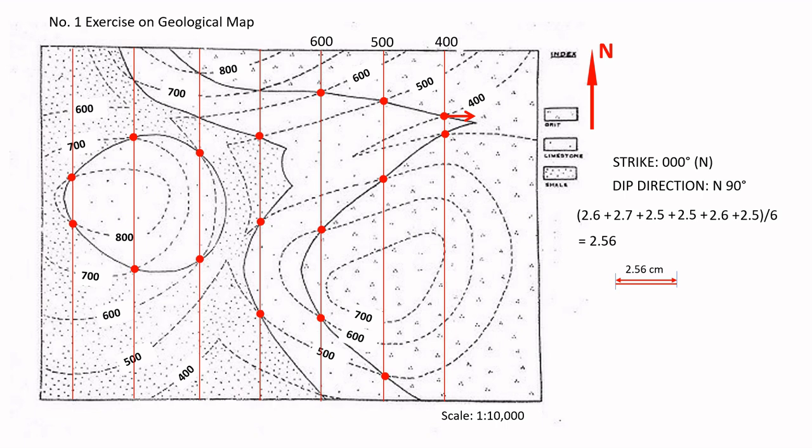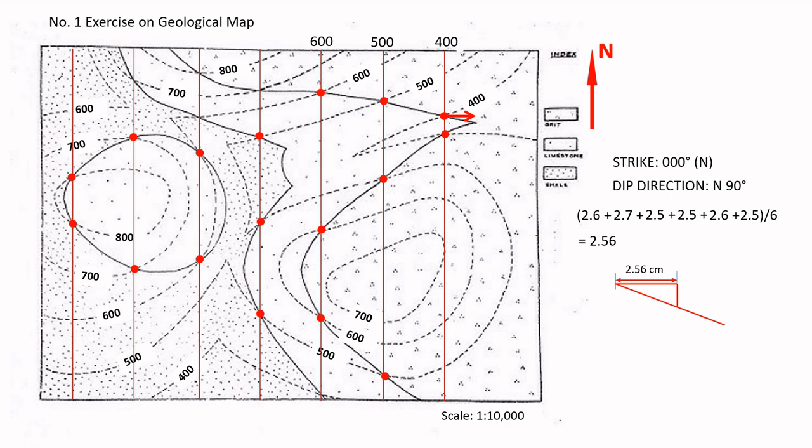Draw a perpendicular line of 1 centimeter from the right end of the 2.56 centimeter line, since the dip is towards the east. Connect the ends of the horizontal line and the perpendicular to form a right triangle.